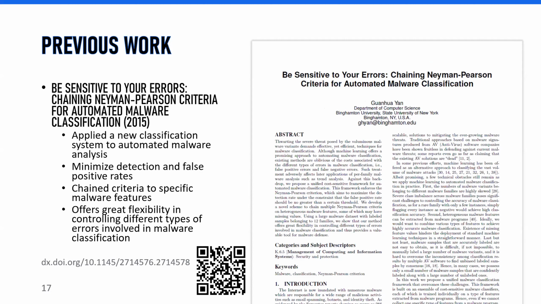There are two other papers that I thought were important to mention here. The first one is Be Sensitive to Your Errors, which applies the criteria from the 2012 paper to develop a new automated malware classification system. This helps control the false positive rates of most modern antivirus scanners and offers a great deal of flexibility in adjusting for errors, which is really helpful when you're trying to analyze the prudence of various academic papers, and they're all using different techniques for identifying malware.